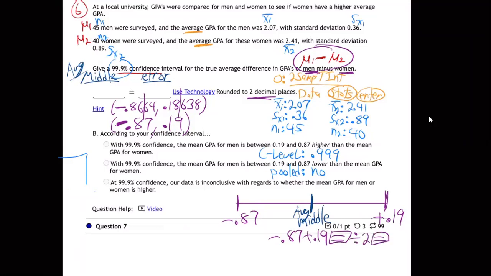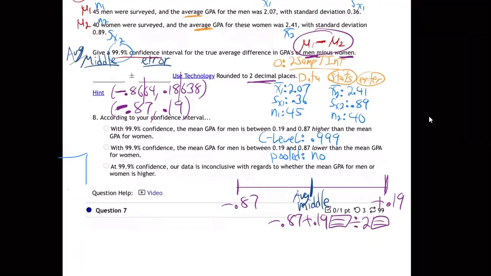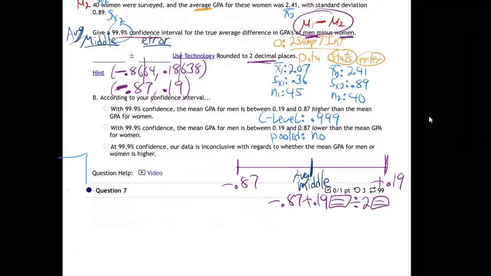So you find the middle, the average of the two numbers. Negative 0.87 plus 0.19 equals, divide by 2 equals, I'm getting negative 0.34. So that's the middle of that interval.